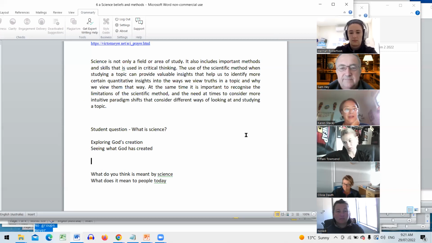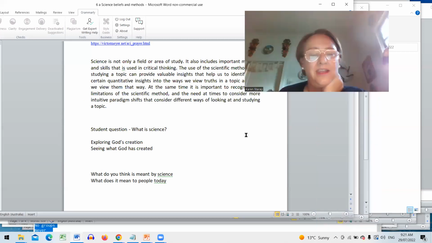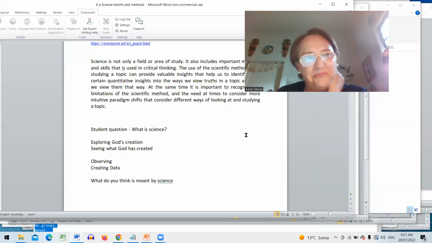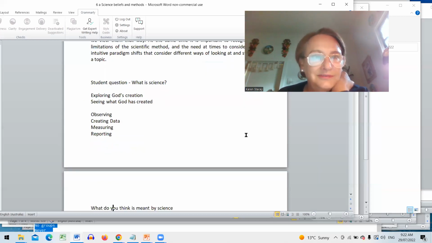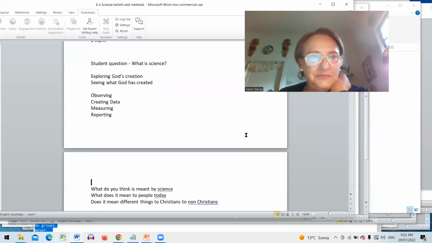I think science perhaps is observing, and from that observation creating data to measure something in particular. So whether it be academic, whether it be anything to do with the field of biology or geology. Yes, so good.